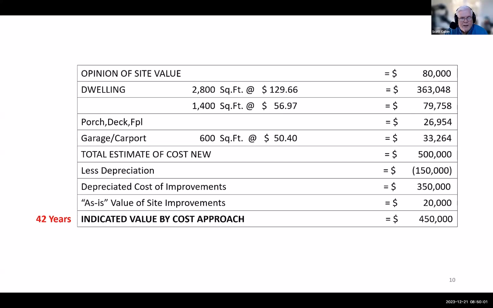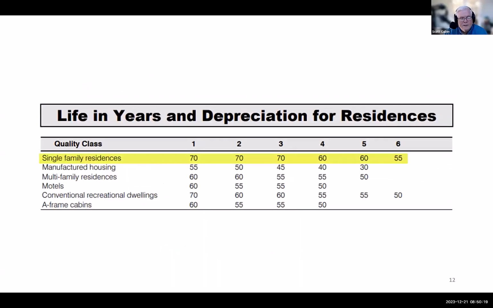Notice that remaining economic life is 42 years. Recall that depreciated cost is 70% of total estimate of cost new. 70% of 60 years economic life is 42 years. These are the economic life assumptions from the data we license at Solomon.